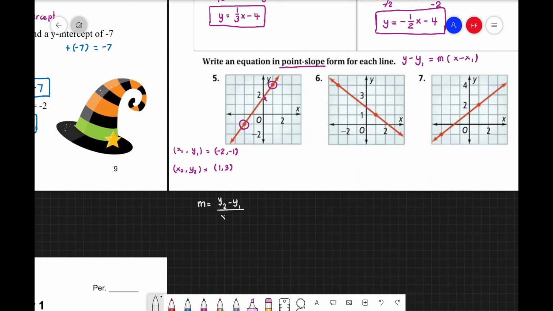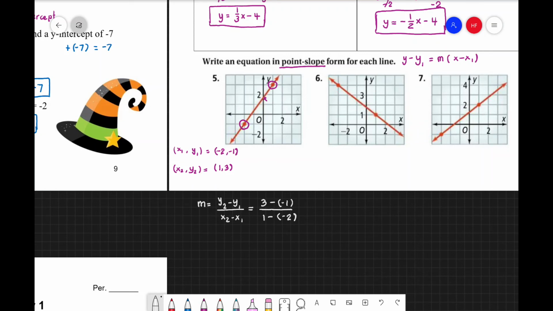So I'm going to use the slope formula to show you how I would get m. So both of those points I have. So y2 is 3, y1 is -1, over x2 is 1 minus x1, which is -2.